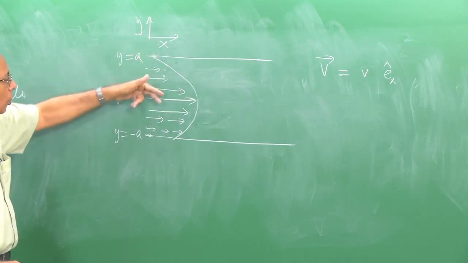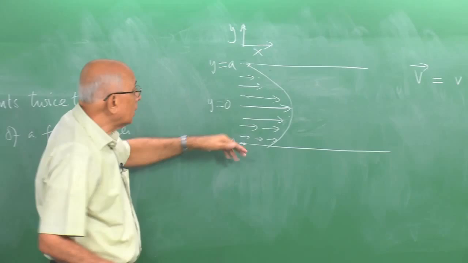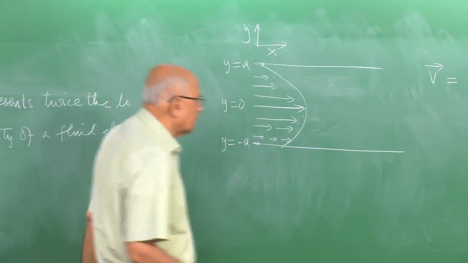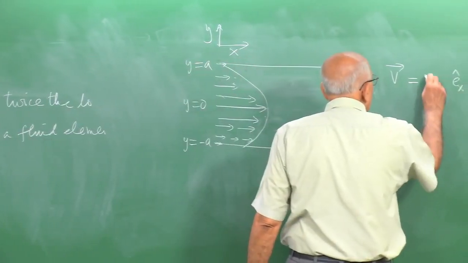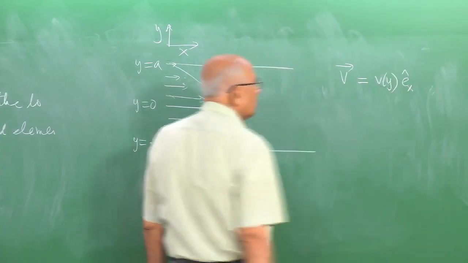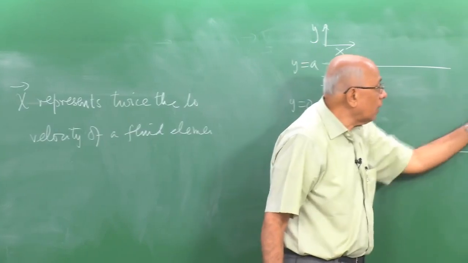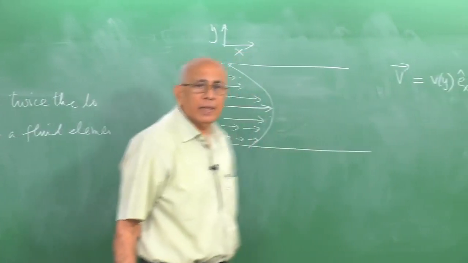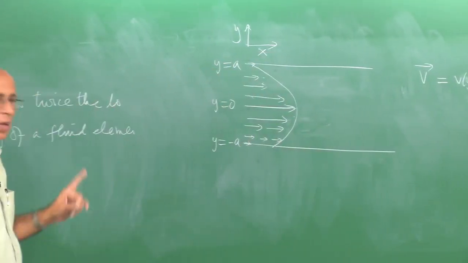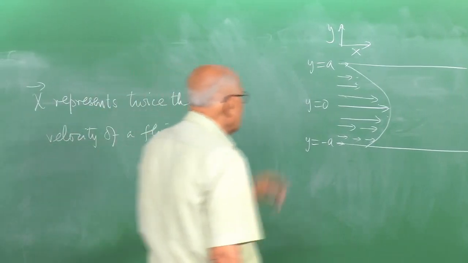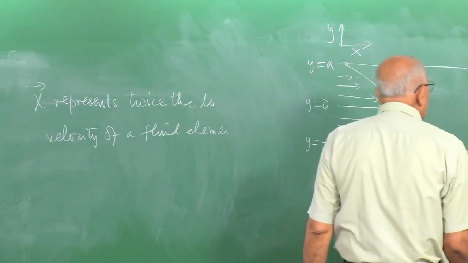The further up or down you go in the y direction, the speed decreases. So this V is a function of y alone, and it has got an x component of the velocity which is dependent on y, and therefore you can see that the curl is not going to be 0 in this problem. And how does this manifest itself?